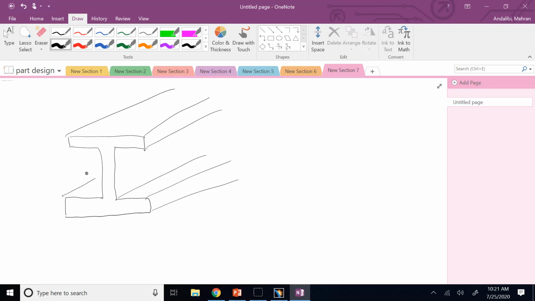And I come and cut this guy with this cutting plane. And then I look at it in this direction. So what should I draw?